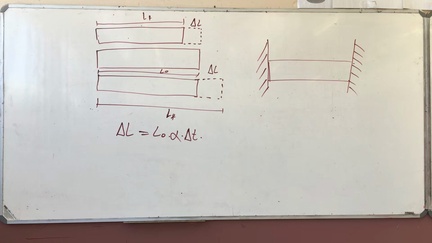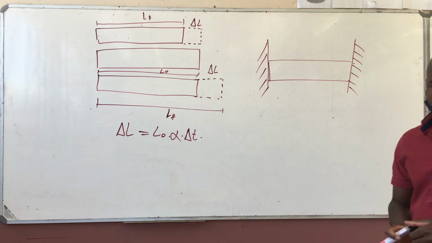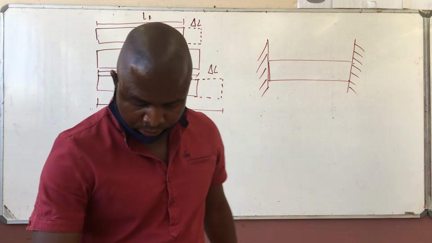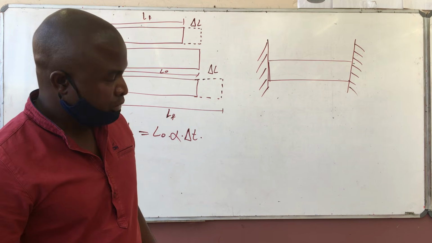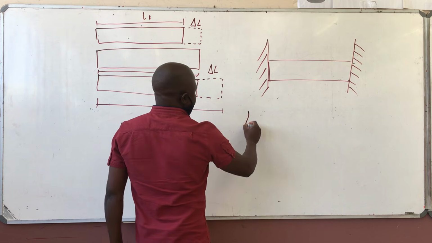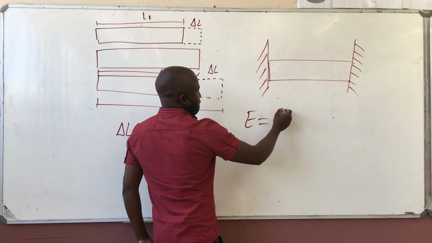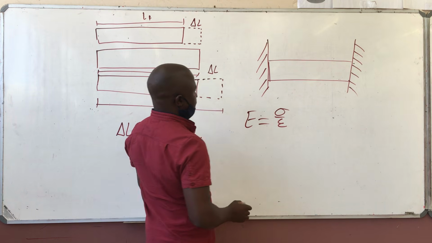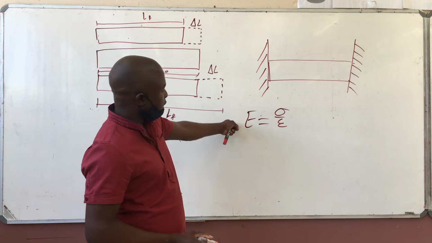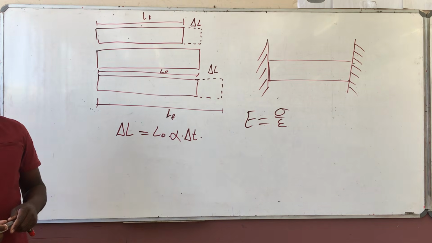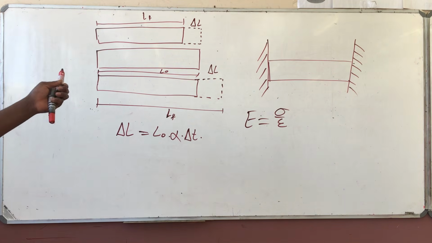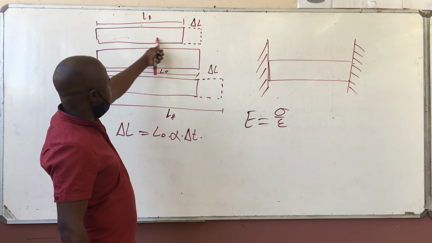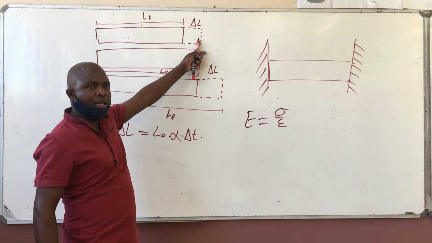And we know that modulus is equal to stress over strain. Because it will be under strain, then under stress, you can apply the formula. So okay, this one expands freely because it's just one bar.